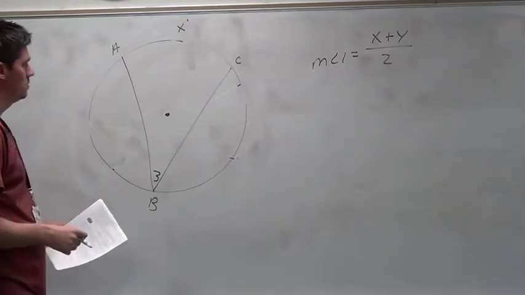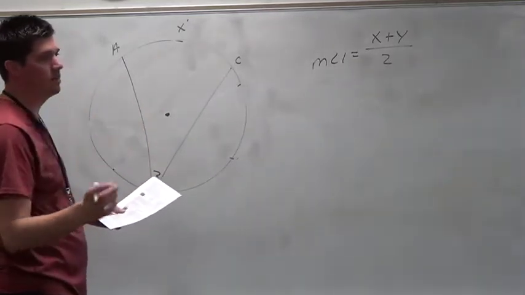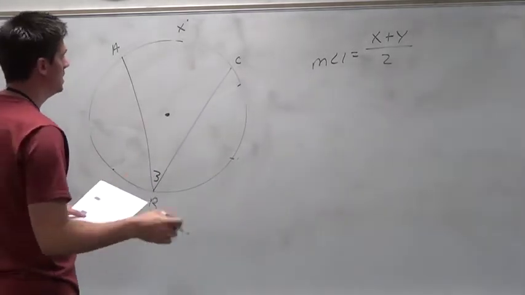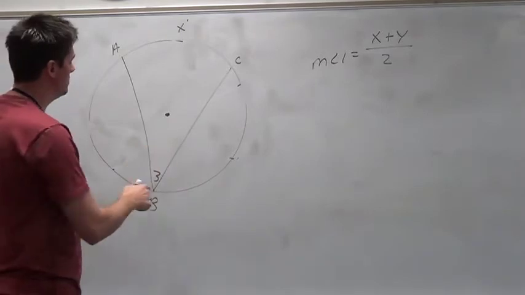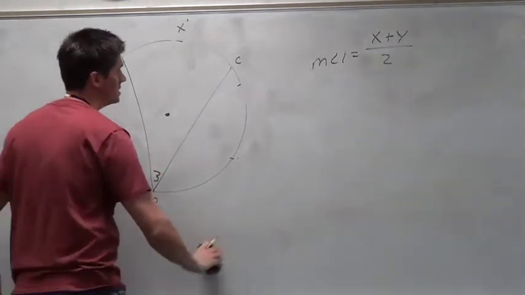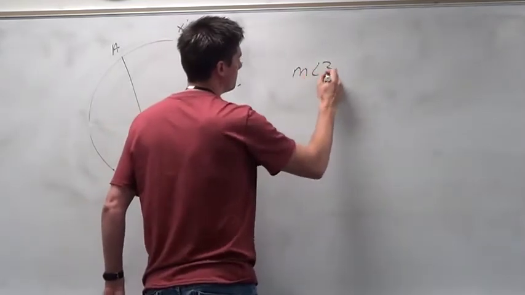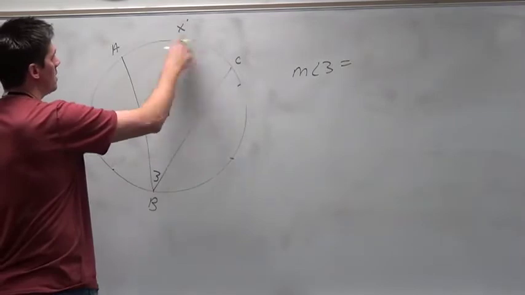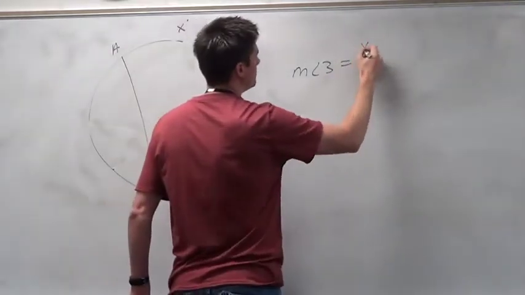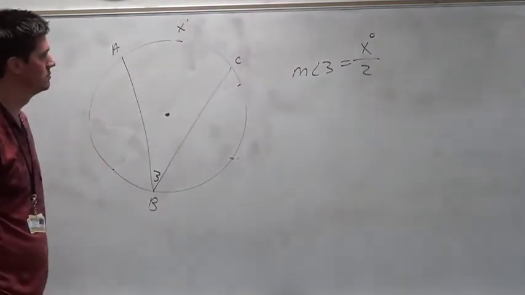Now, what they would need to remember is, anytime it's an inscribed angle, and this will work the opposite way as well, the measure of this angle, in this case the measure of angle 3, is going to equal whatever the intercepted arc is, in this case x degrees, and we're going to take half of it, or divide by 2.